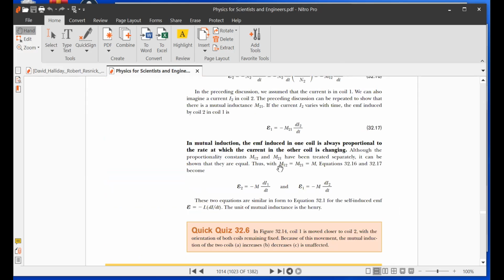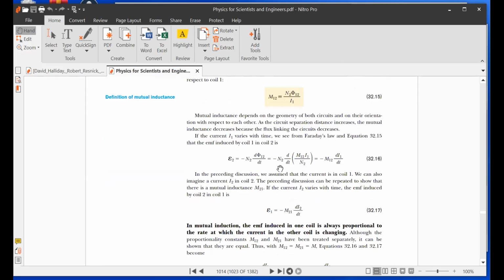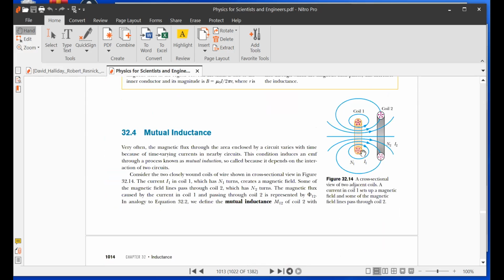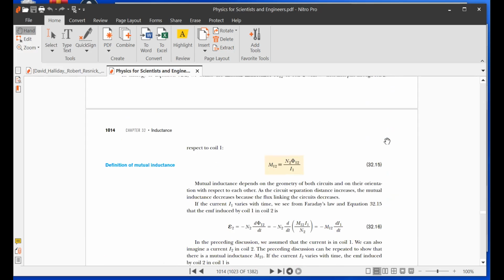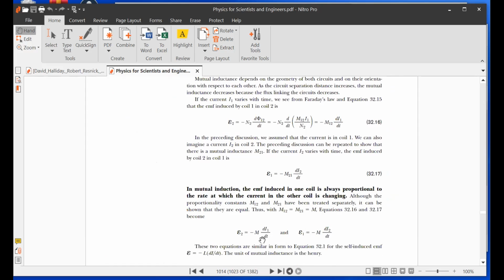Yes, the interaction is ideal. It means that there is no energy loss. In general, if we have a coil that induces the second coil, there is a power loss. In general, the resulting induced electric field, the mutual is not the same.